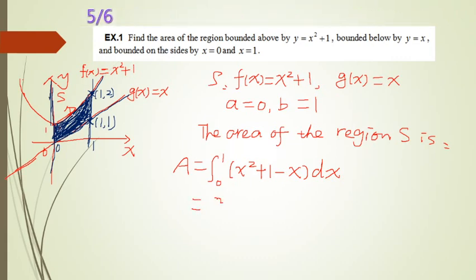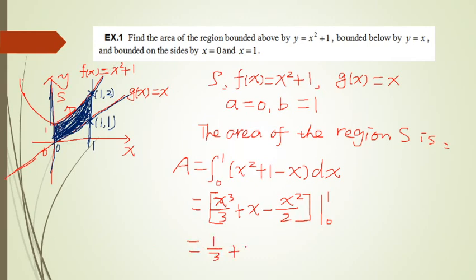Find the antiderivative, x cubed over 3 plus x minus x squared over 2, evaluated at the two endpoints 0 and 1. When x is 0, they are all 0. So it should be 1/3 plus 1 minus 1/2, which is 5/6. The final answer is 5/6, and we can check that this part is above the x-axis, so the net area should be positive.